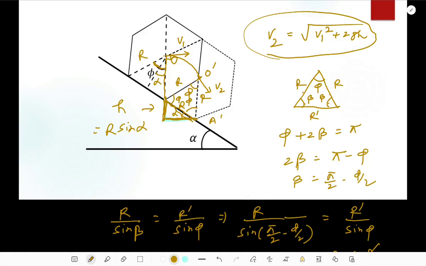But look, here it is v2, but you remember the condition that the collisions are elastic. The collision of this hexagon or the pencil, the collision of the corners of the hexagon with the inclined plane, are inelastic collisions.